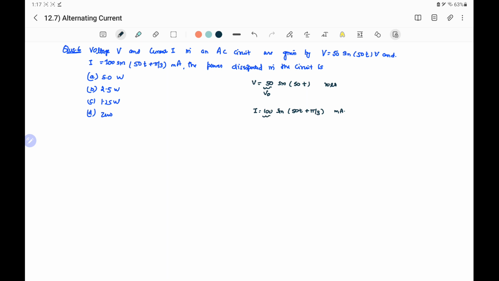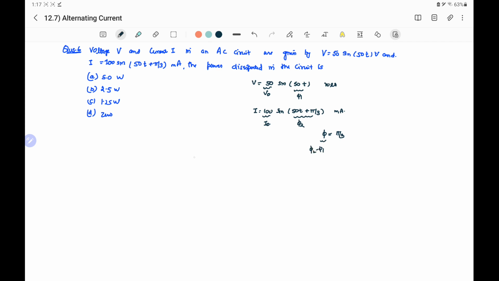So this 100 milliampere is the peak current and the phase difference between the voltage and current is pi by 3, because phi 1 is 50t and phi 2 is 50t plus pi by 3. So this phase difference phi is phi 2 minus phi 1, that is pi by 3.